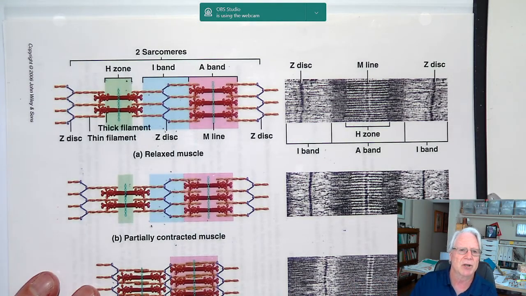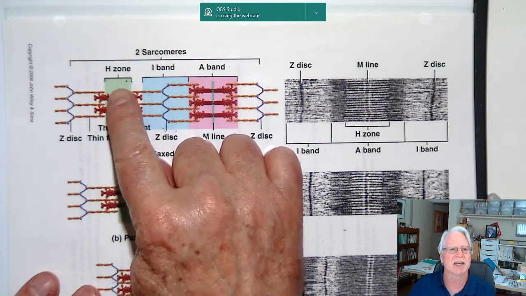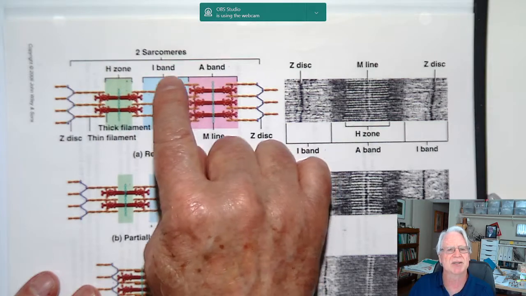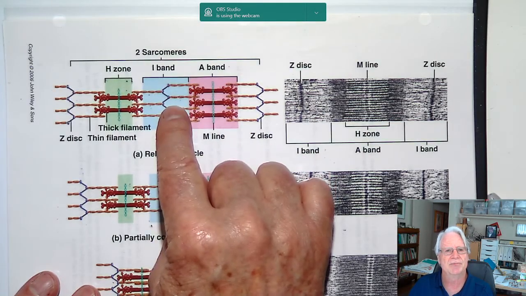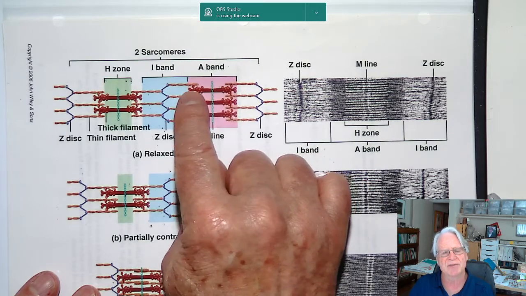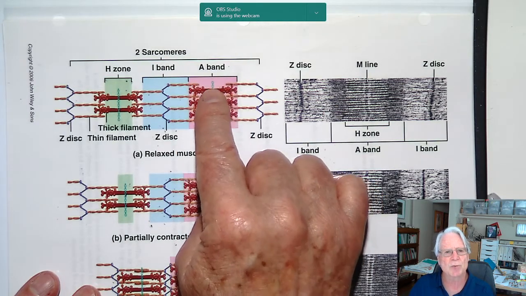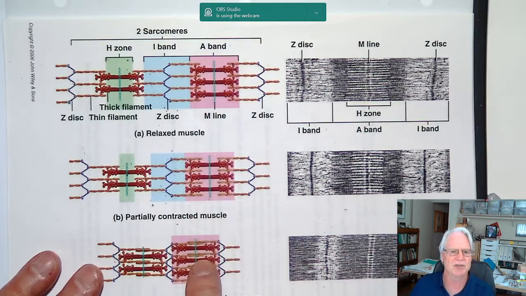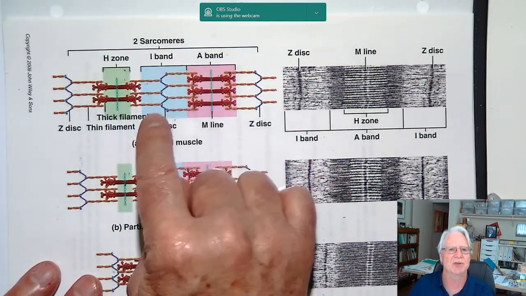Keeping in mind that the H zone is only thick filament, the I band is only thin filament, and the A band is the entire length of the thick filament. As we go from relaxed to partially contracted to fully contracted, what happens to each of those zones?